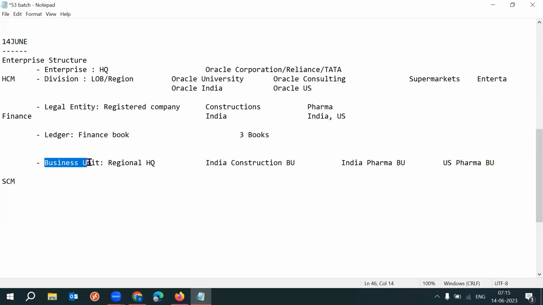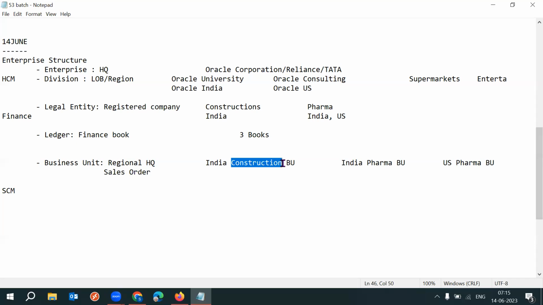At the business unit level, we capture a couple of transactions. Transaction, in the sense, for example, a sales order. If I receive a sales order, that sales order could be related to the India company, and that too related to construction.